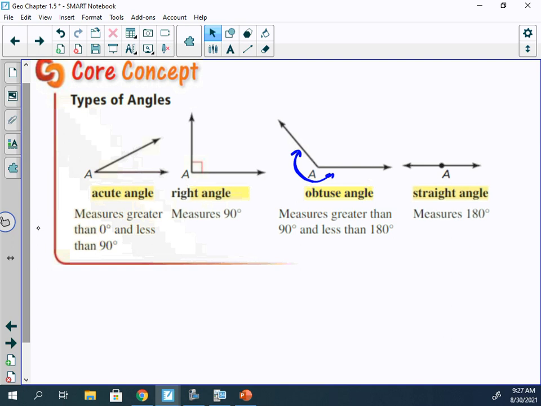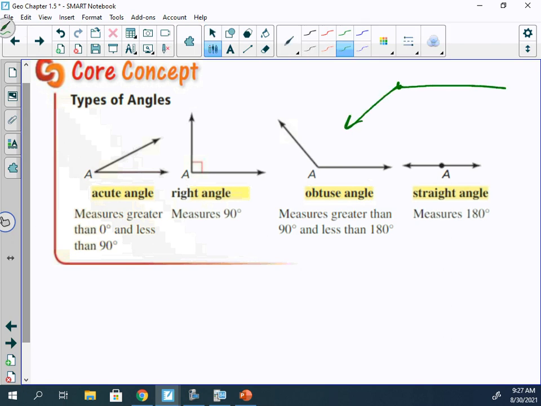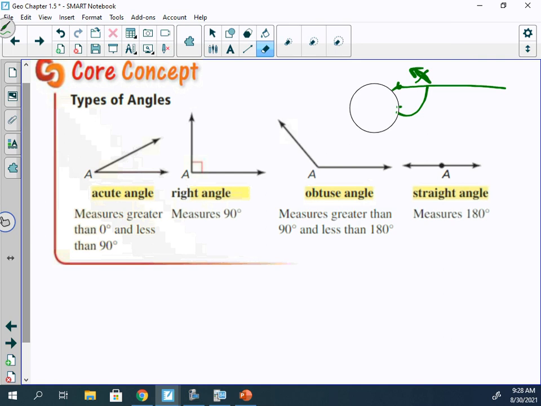So even if we have a line that's going this way, we're not going to talk about it in this direction. We're actually just going to talk about it going the other direction. We always look at it between 0 and 180. Now there are angles that are greater than 180, but when we're talking about the actual angle, we're looking at the one that is less than 180. At least here, if we're talking about acute, right, and obtuse.